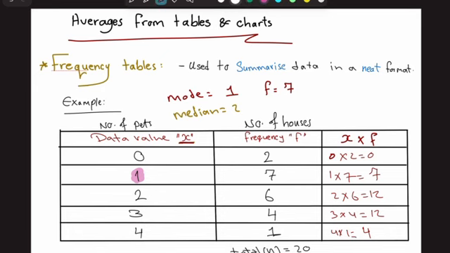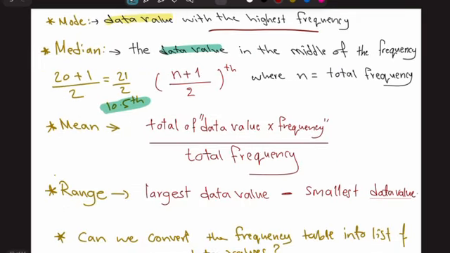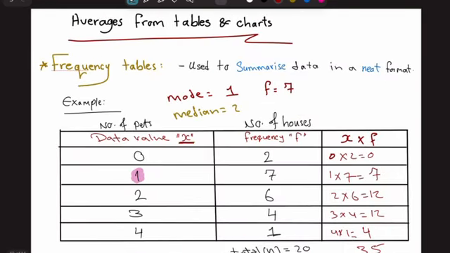We need them to find out the mean. So we're gonna add them all: 0 plus 7 plus 12 plus 12 plus 4, which is gonna be at the end, the total data here is going to be 35. The total of the data value times the frequency is 35 in this case. Okay, guys? So that would be it.